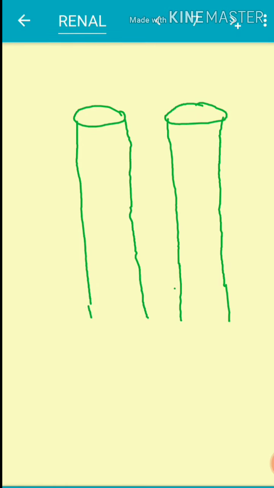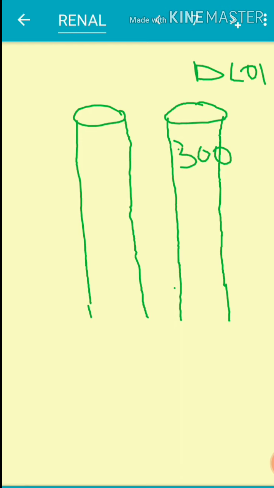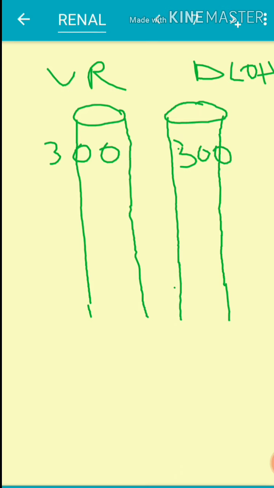Now, the important point to be seen here is that if the concentration is 300 milliosmol in the descending loop of Henle, then in the Vasa recta, here also the same concentration will be there. So, if here 300, here 600, then here also 600.